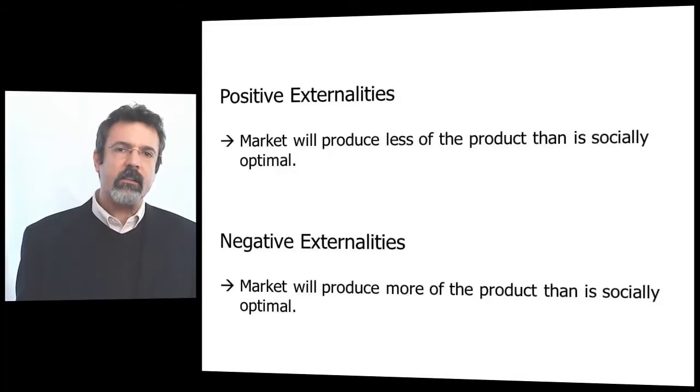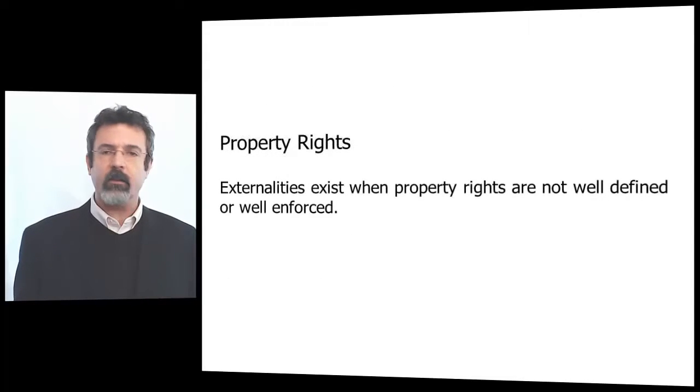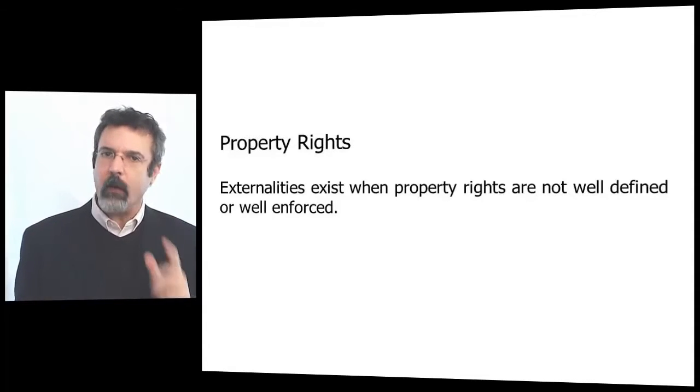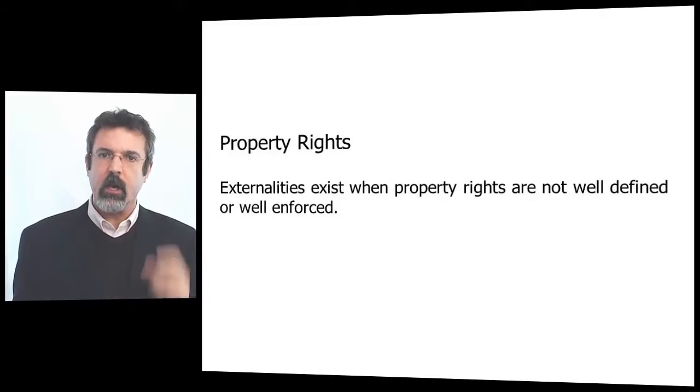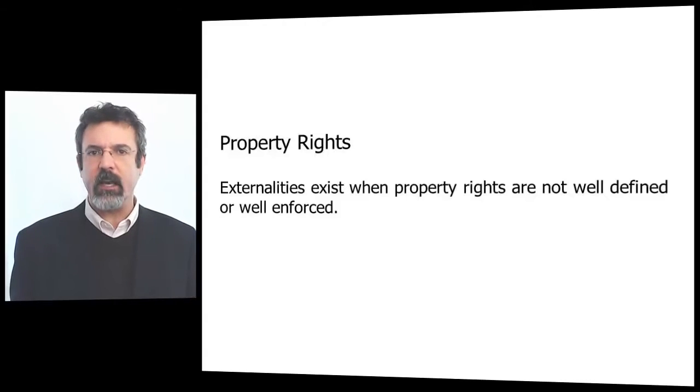Externalities arise when property rights are either not well defined or not well enforced. What's happening is that there's someone who isn't accounted for in the market transaction because of this absence of property rights. For example, in the case of secondhand smoke, it's unclear who owns the air.